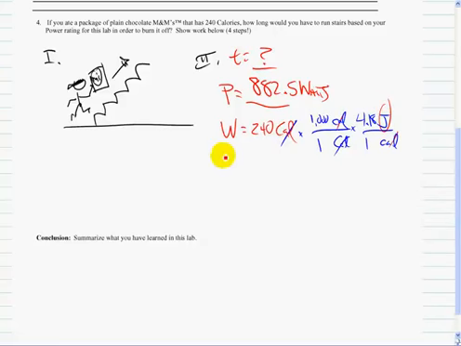I get the work energy stored in a package of M&Ms to be 1,003,200. Okay? You guys getting that? And the units is joules, okay? That's the work energy. Does it make sense? You want to do that much work in order to burn off that many calories in your M&Ms.